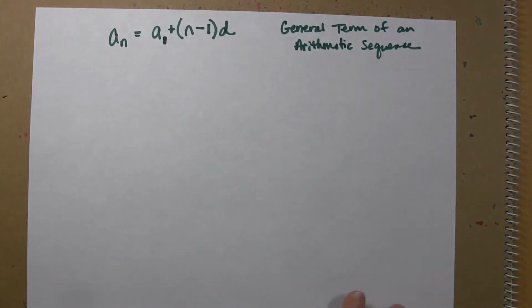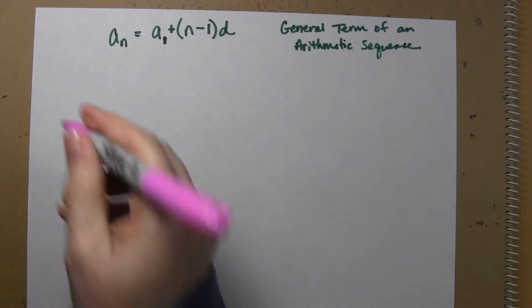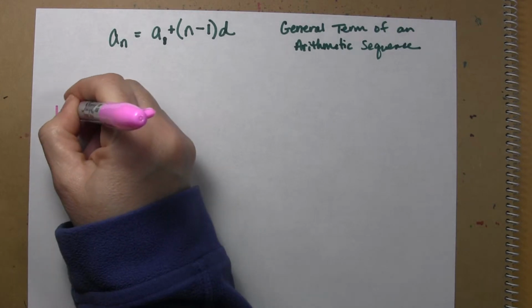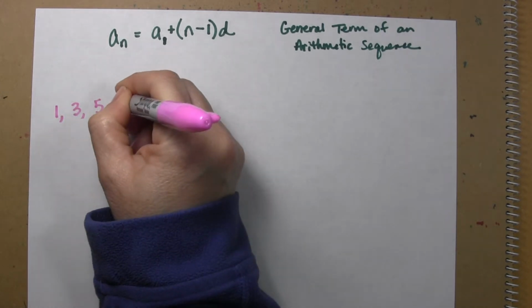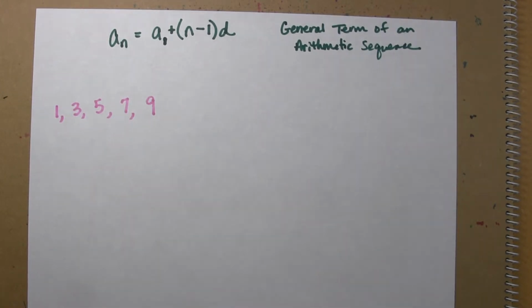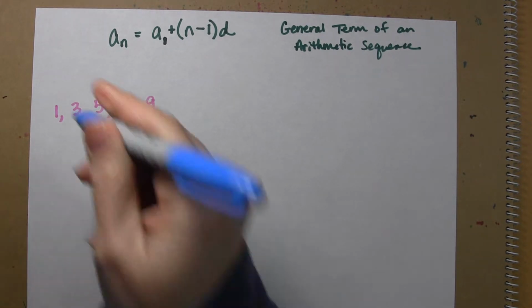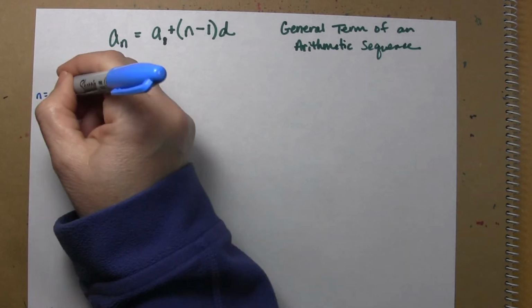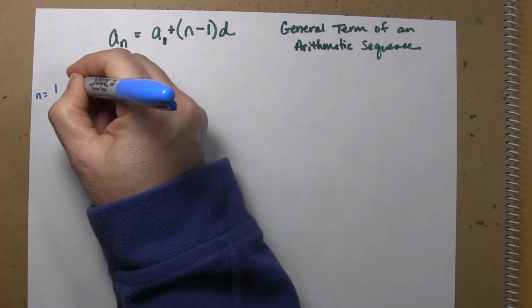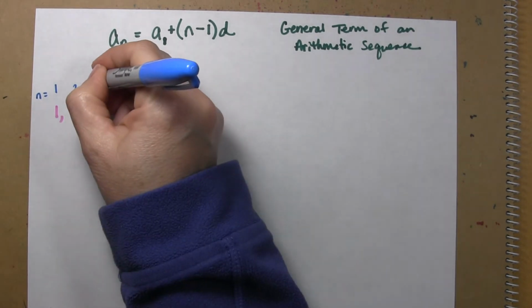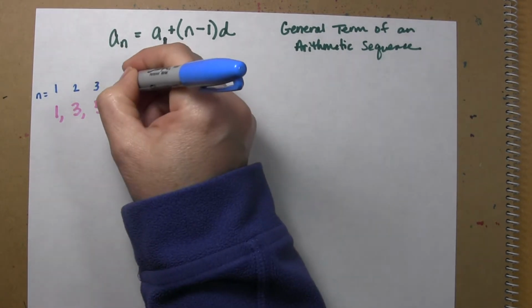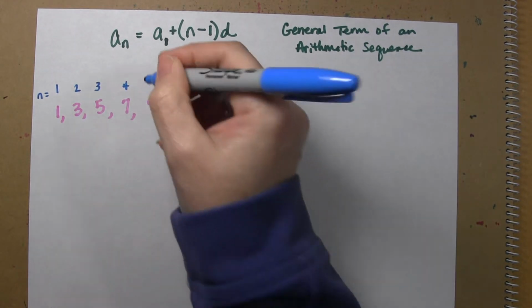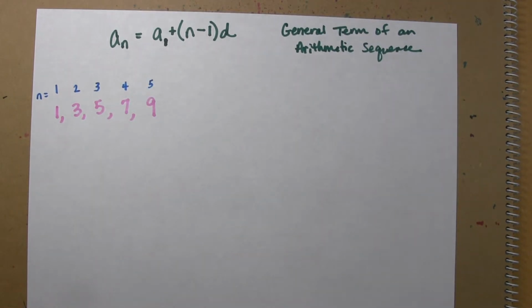Okay, excellent. So let's go back to the sequence that we had a few minutes ago: 1, 3, 5, 7, and 9. We're going to say that the first term is 1, the second term is 3, the third term is 5, the fourth term is 7, and the fifth term is 9.